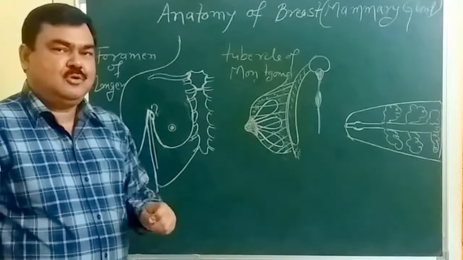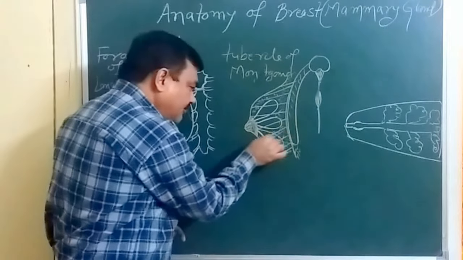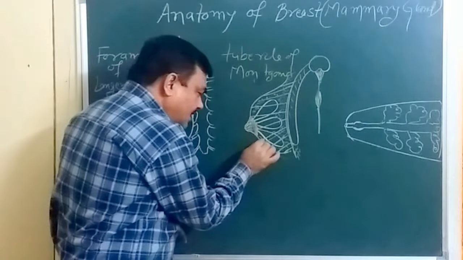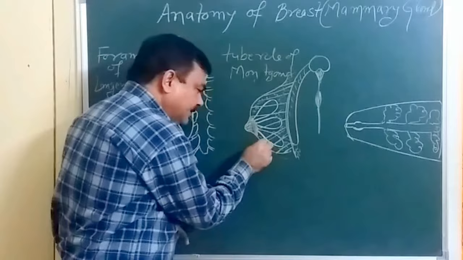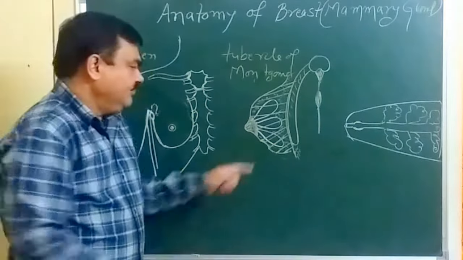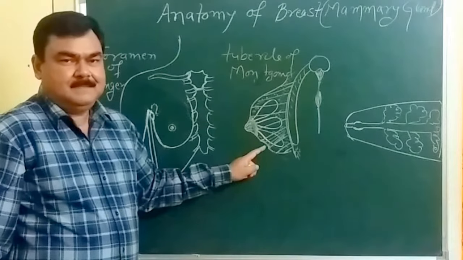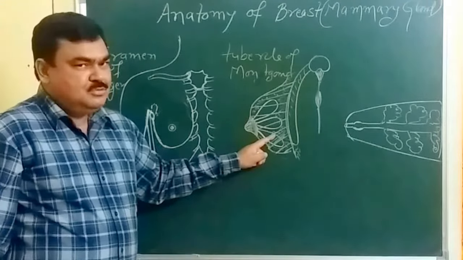when carcinoma spreads or involves these supporting frameworks, then you will find there is folding or puckering at the site of carcinoma, or retraction like this, because these fibrous tissues are involved.